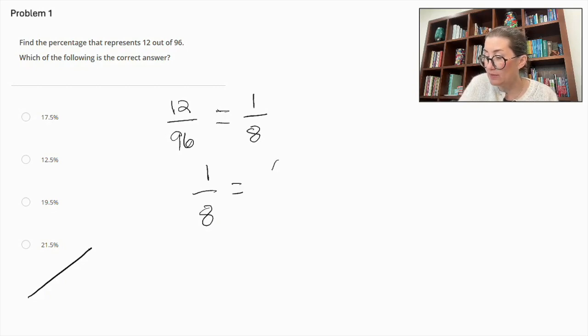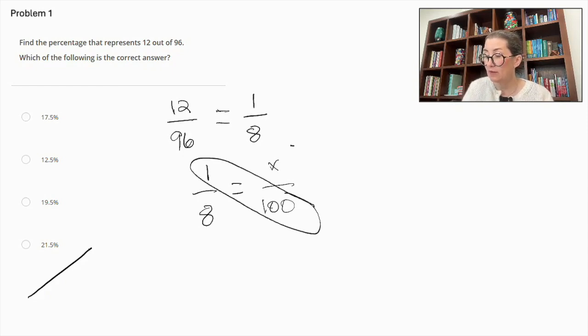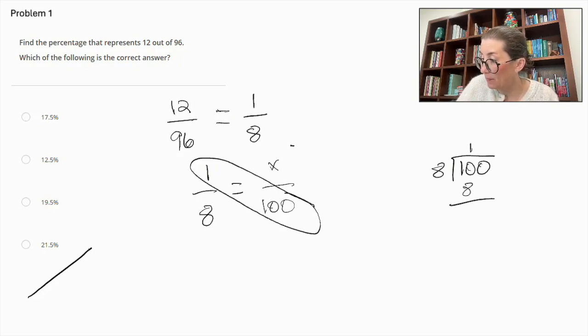So that means x over 100. So we need to find what 8 times x equals 100, what that x is. So to find that, we now need to divide 100 by 8. 8 goes into 10 one time. 8 goes into 20 2 times.